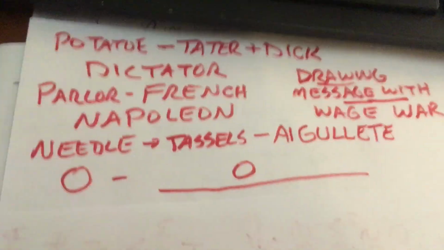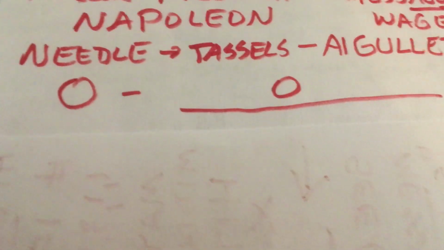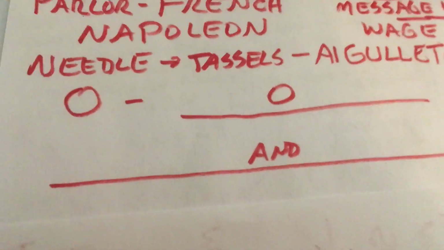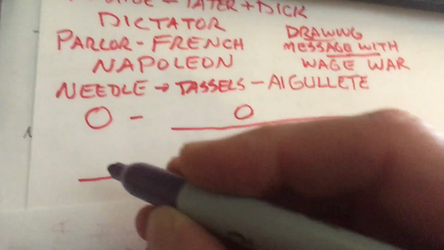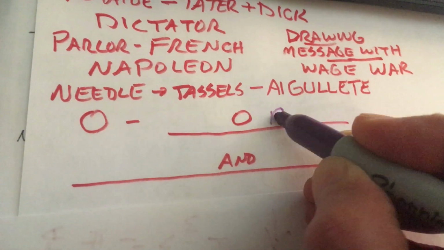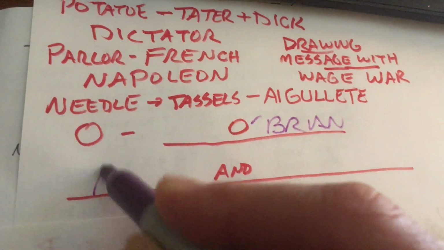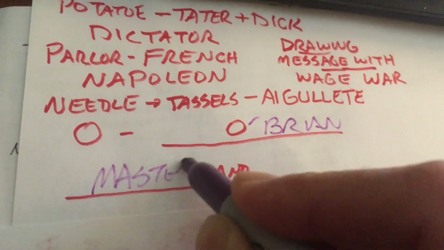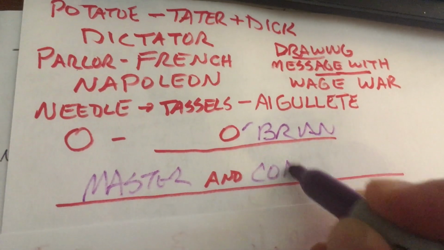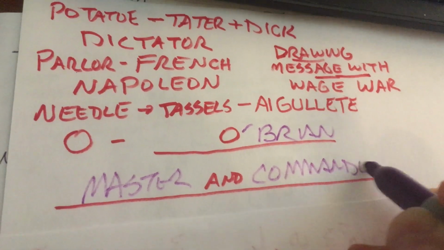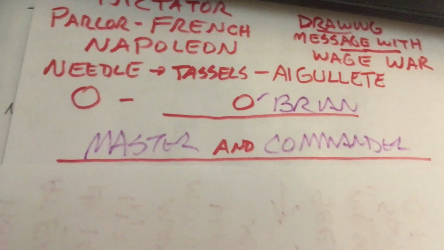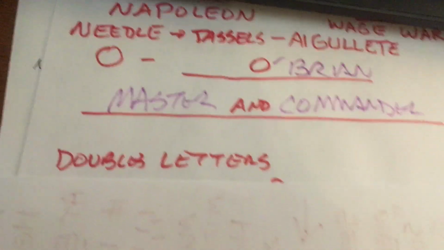And you also have the O that we used in Battleship. But as far as a story, Patrick O'Brian wrote Master and Commander. So there's another sea tale related.